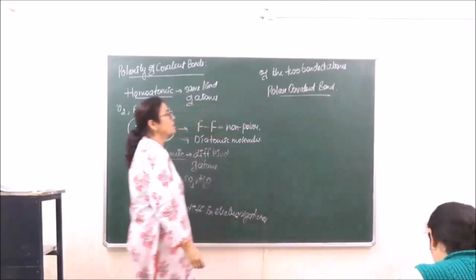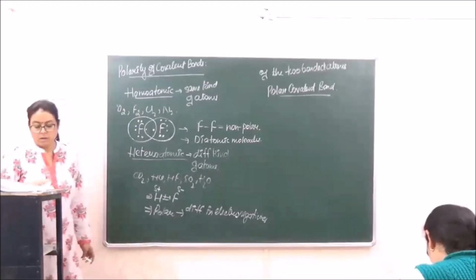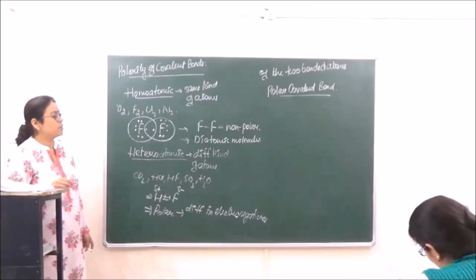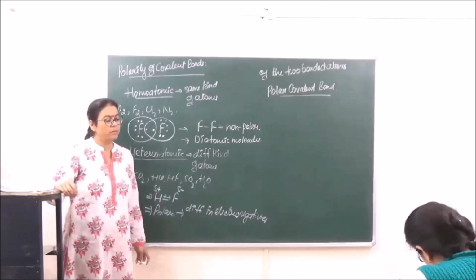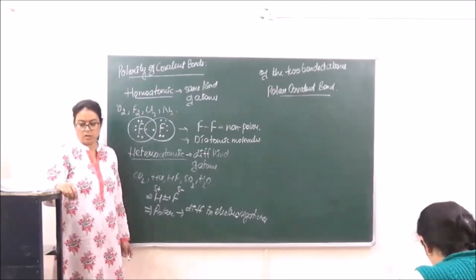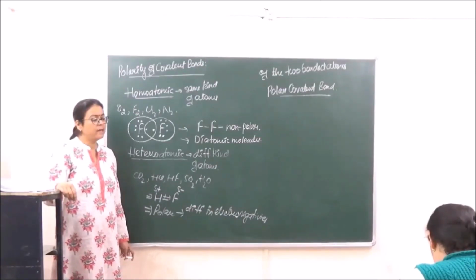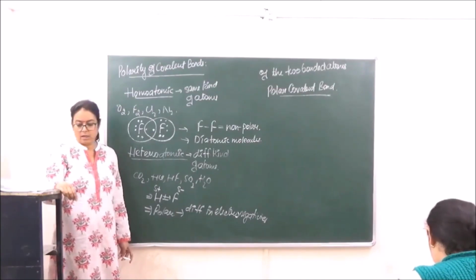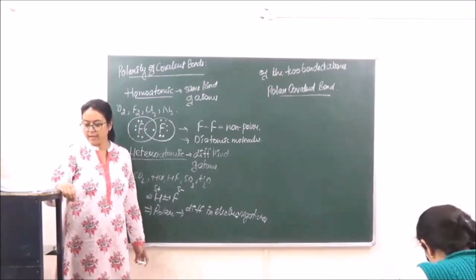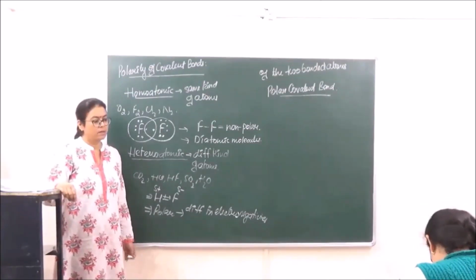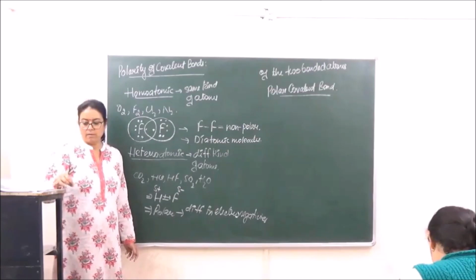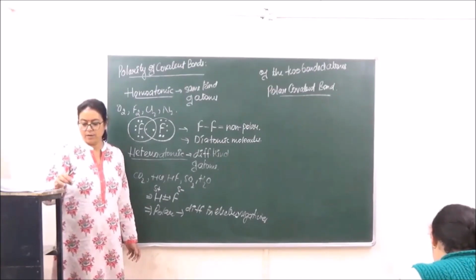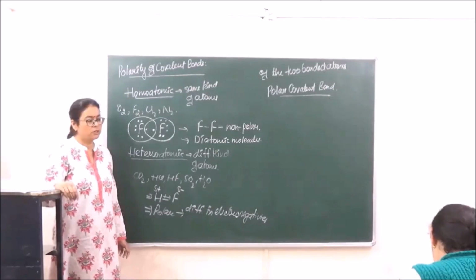What is a polar covalent bond? A covalent bond in which the electrons are shared unequally, and the bonded atoms acquire a partial positive and negative charge.